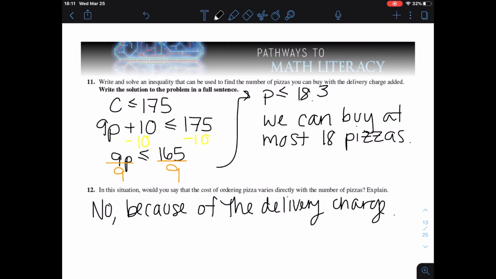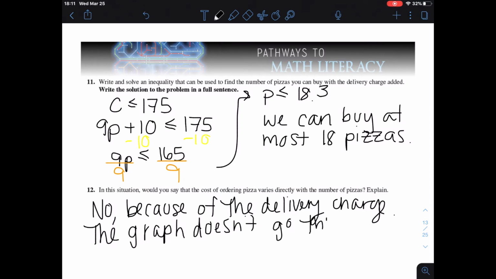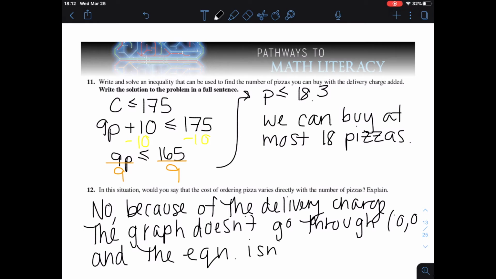Okay. So the graph doesn't go through 0, 0. And the equation isn't C is equal to some constant times the number of pizzas.